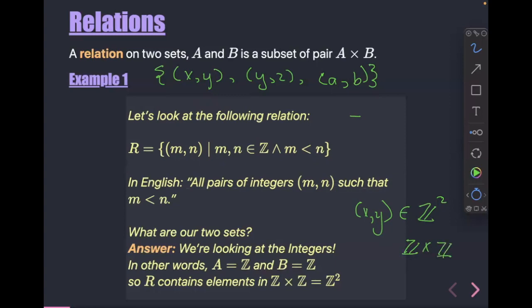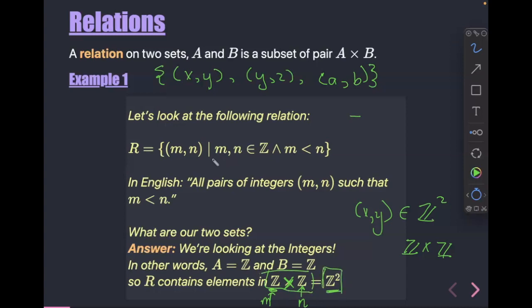It exists in Z squared because the first element is in Z, and this is where m's from and this is where n's from, and we're taking the Cartesian product. That's why they exist in the Cartesian product Z times Z, or Z squared.